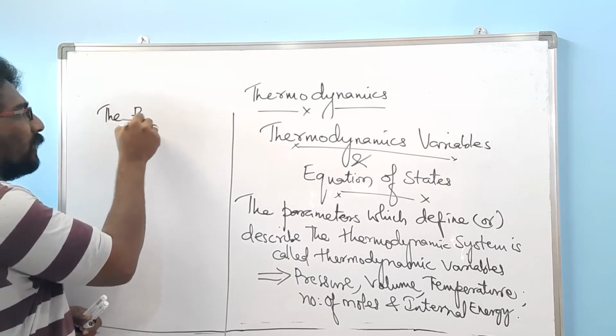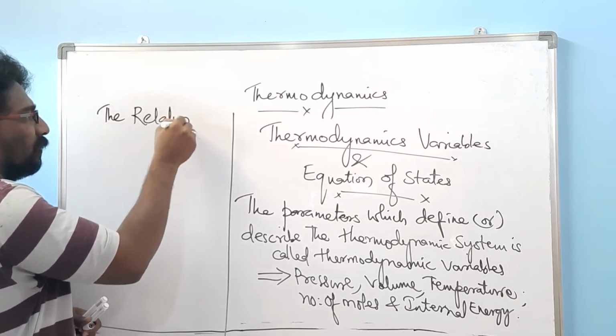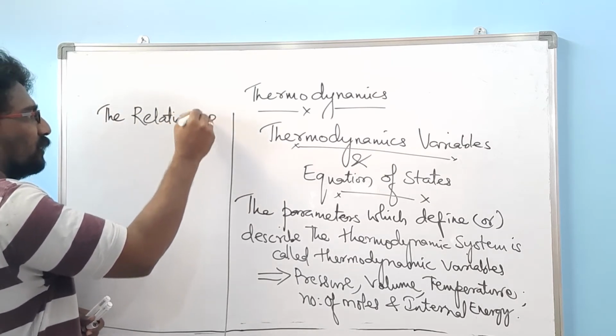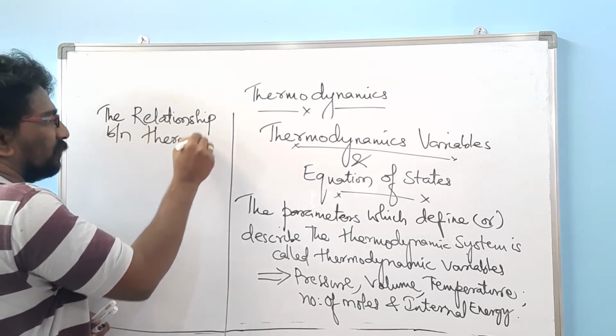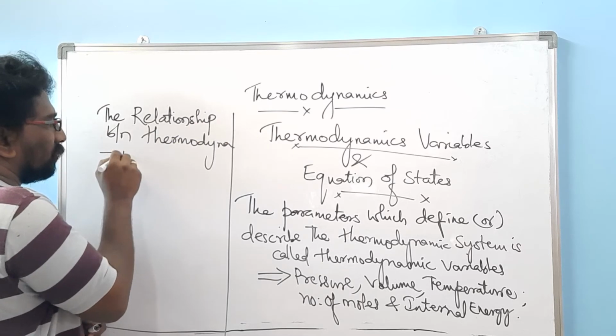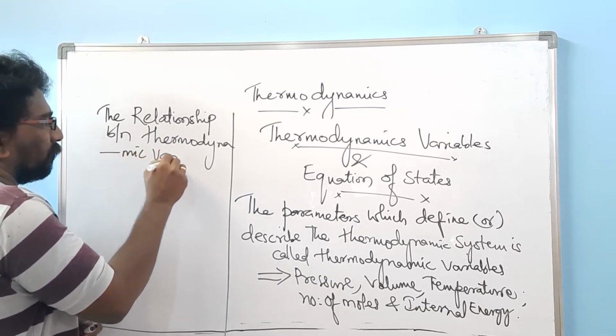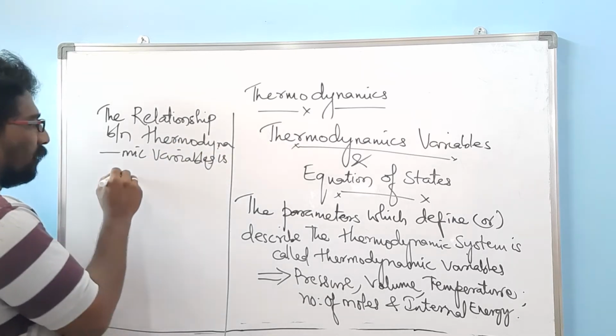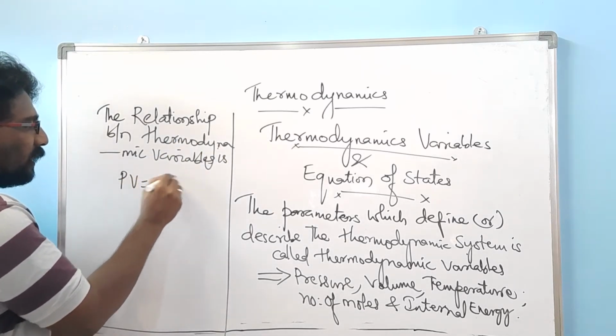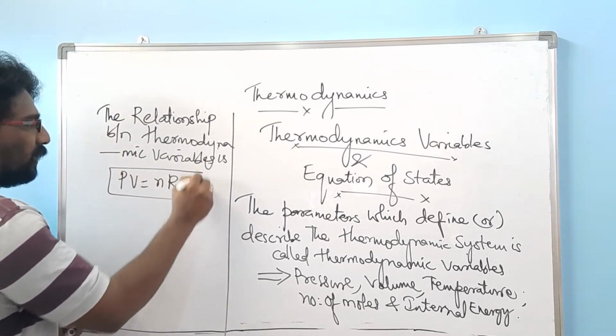The relationship between thermodynamic variables is PV equal to nRT. PV equal to nRT.